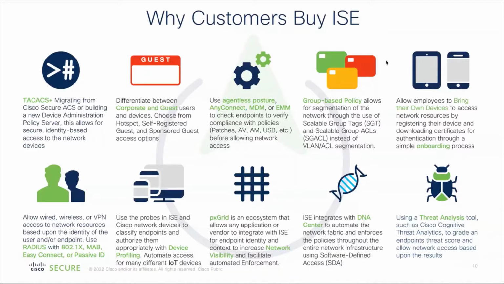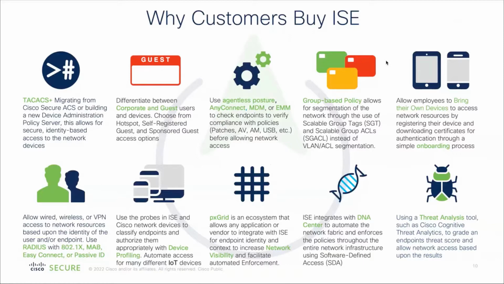So, as you can see here, there's a lot of different things that people will buy ISE to do. Some only focus maybe on solving one of these problems, but many often choose to do multiple of these different things. I'm sure you're familiar with them all, right? Doing TACACS device administration, guest portals, agentless posture for visibility on endpoints, BYOD, secure access, just all these different things ISE can do.